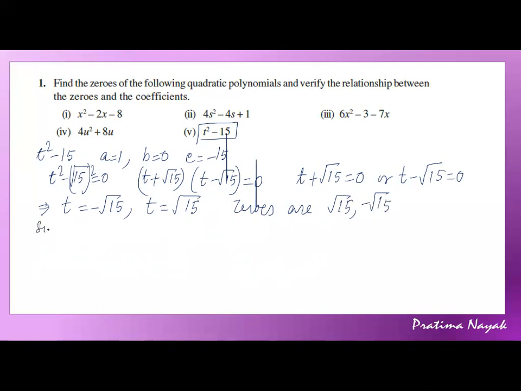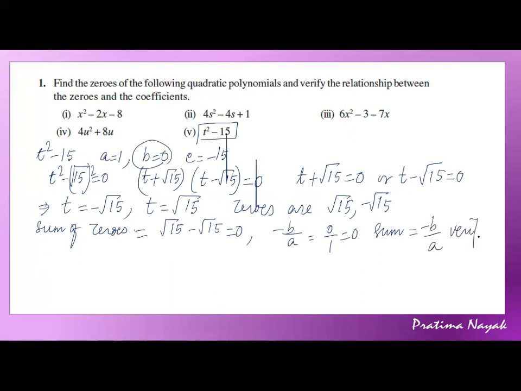I'll go for sum of zeros. Sum of zeros is very easy. It will be 0 because root 15 minus root 15 gives you 0. Now go for minus b by a, put a comma. Minus b by a, what is b here? b is 0 here. So 0 by 1 is 0. So sum of zeros is equal to minus b by a, verified. Sum of zeros, write it down, don't write only sum.